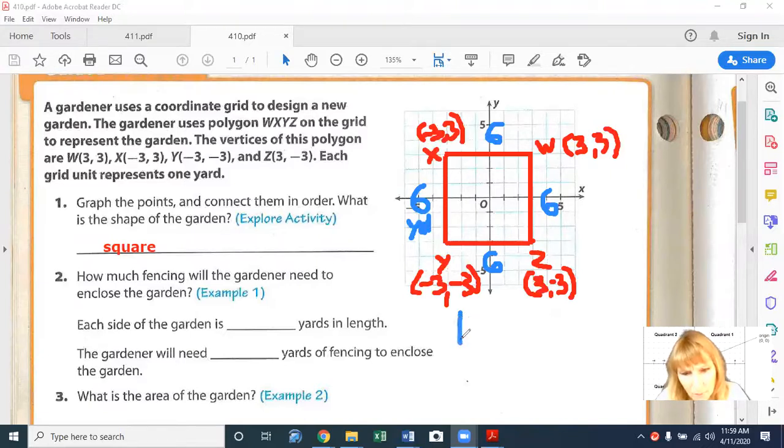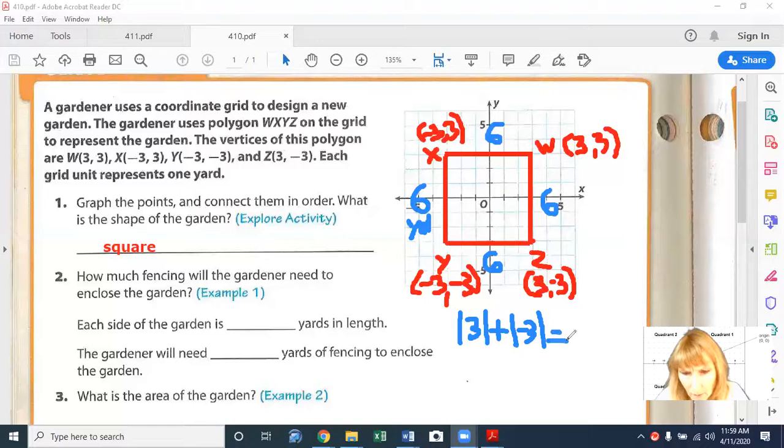So I'm going to take the absolute value of 3, the top point, plus I'm going to add the absolute value of the bottom point, which is -3. And the absolute value of any number is always the positive value, so it's really 3 plus 3.